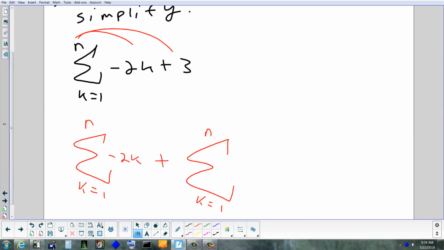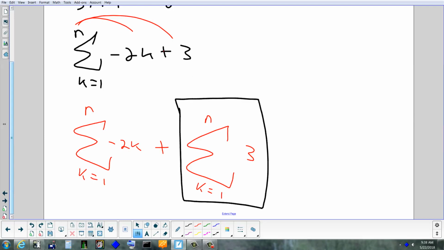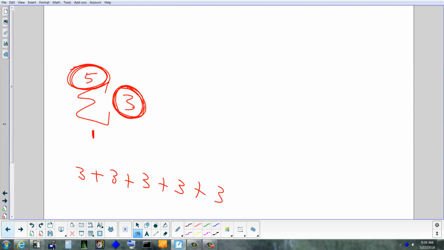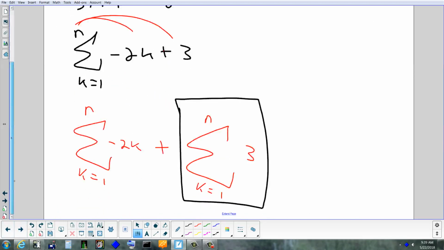Copy down your plus. And the second one has a 3. Now, this part we should recognize. That's the sum from k equals 1 to n of a constant. So in a minute, we can substitute and get rid of that sigma. It's just the constant times n.